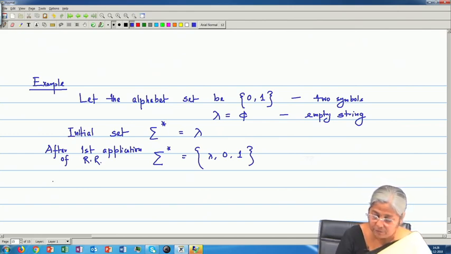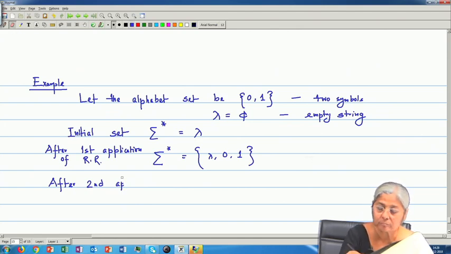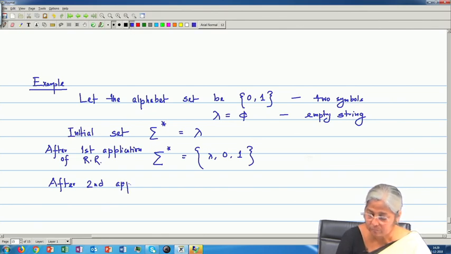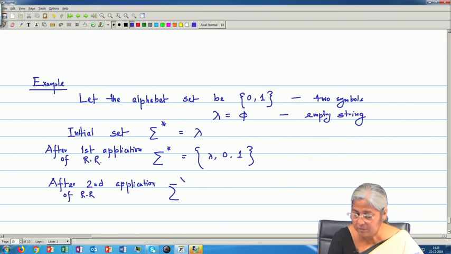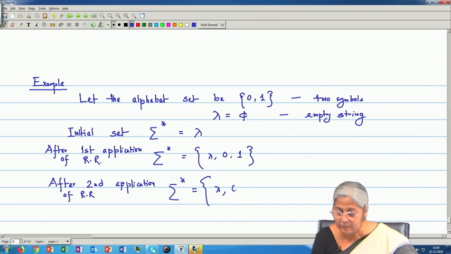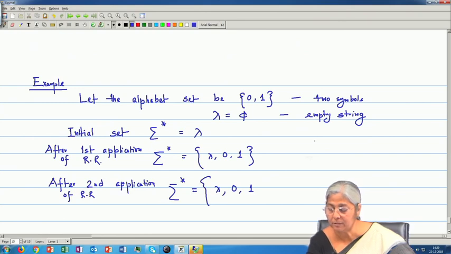Then after the second application of the recursive rule, I get sigma star is the set lambda, 0, 1, then Wx, if we remember the recursive rule, that Wx belongs to sigma star.